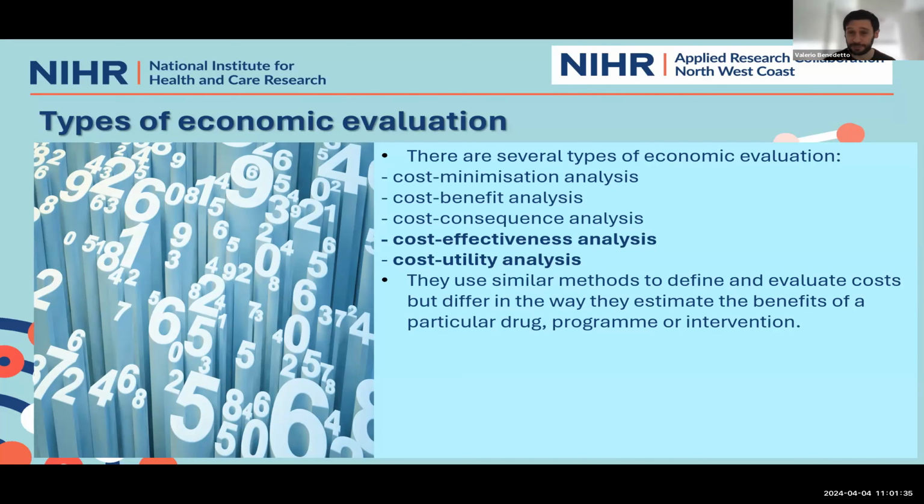And I will talk a bit more about the differences in the next slide. But for now, I just want again to reiterate how these methods are similar in the way they measure cost, but they differ in the way they estimate the benefits of a particular drug, of a particular program, or a particular intervention.